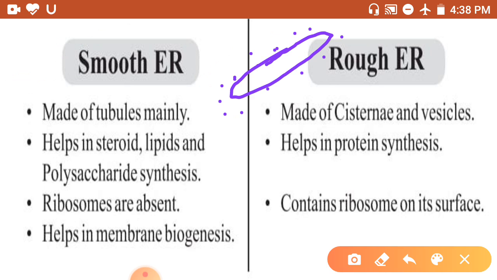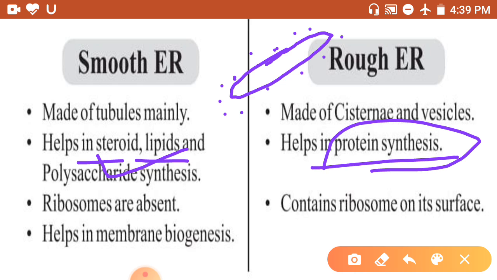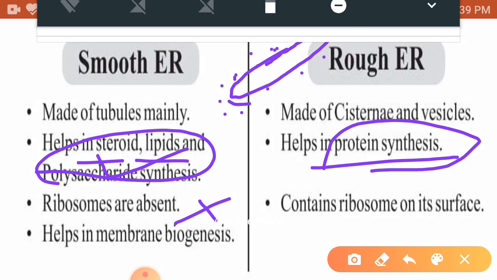Now second, it helps in steroid, lipid and cholesterol synthesis. It helps to synthesize steroids and lipids. But rough endoplasmic reticulum helps in protein synthesis, right? It synthesizes the protein. Here ribosomes are absent, right? Ribosomes are not present. What are these dots called?